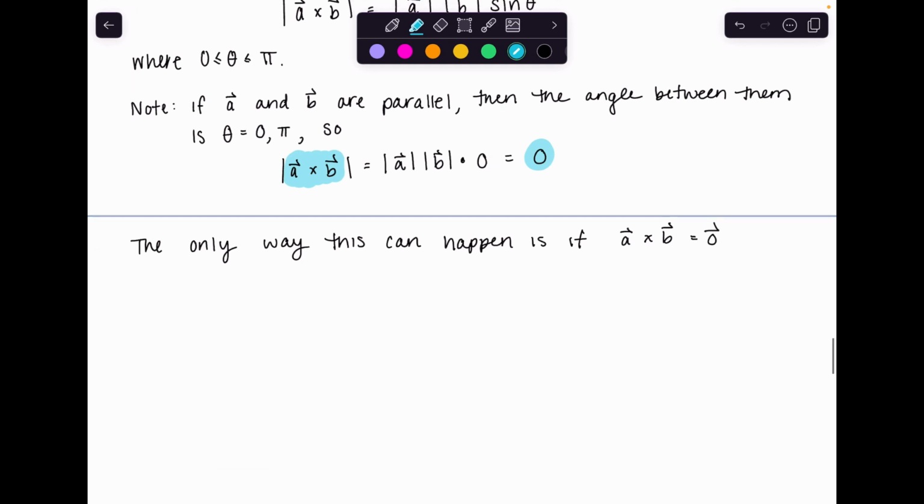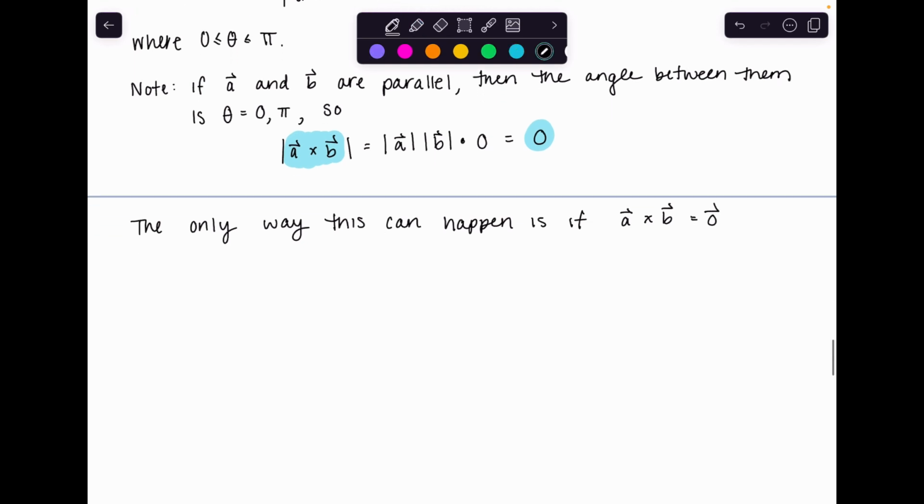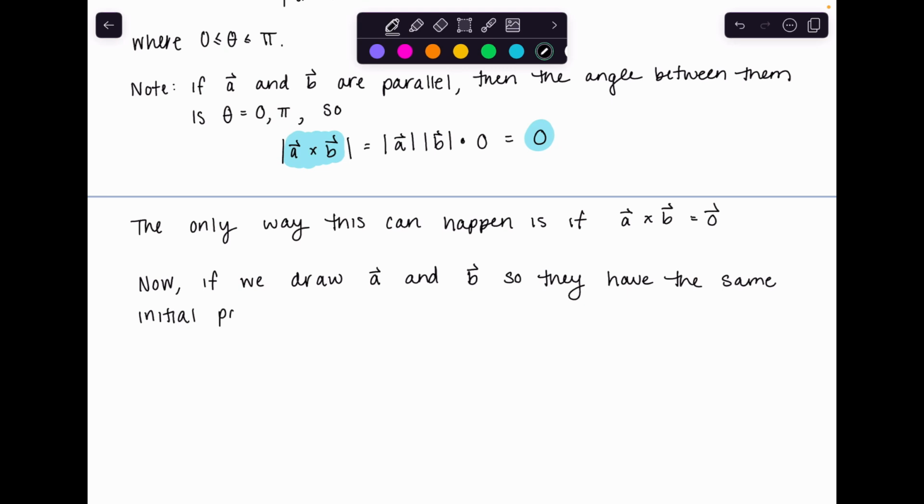The other nice useful thing is that we can talk about parallelograms. So we can see an application of what the length of this cross product is. Now if we draw A and B so that they have the same initial point, we can create a parallelogram.